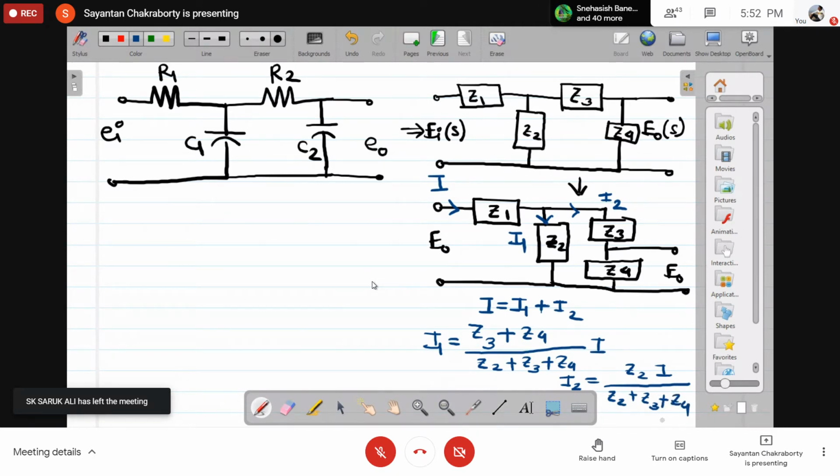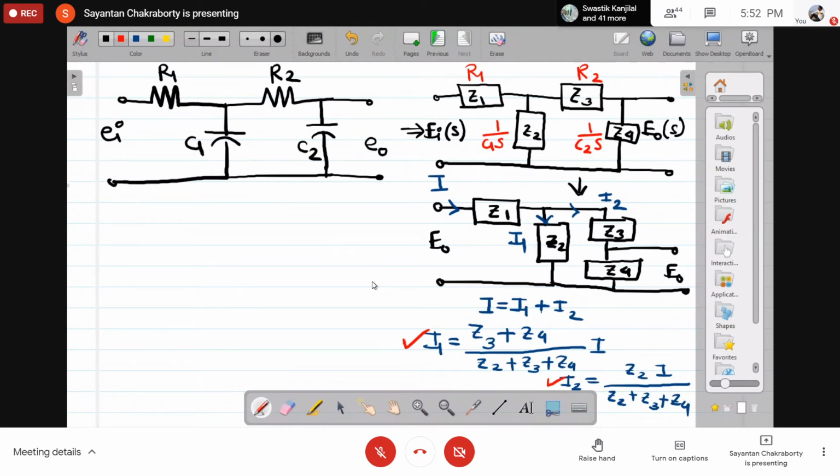Right? So what are these values now? What is Z1? R1. What is Z3? R2. What is Z2? 1 by C1S, and Z4 is 1 by C2S. So we've now defined I, and we obtained I1 and I2 in terms of this I.